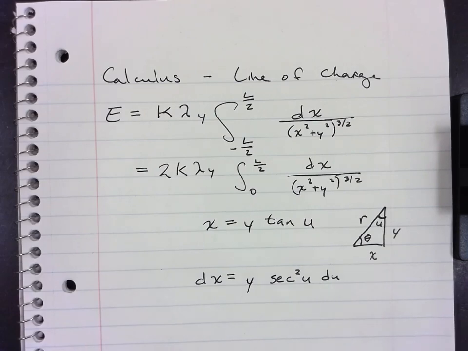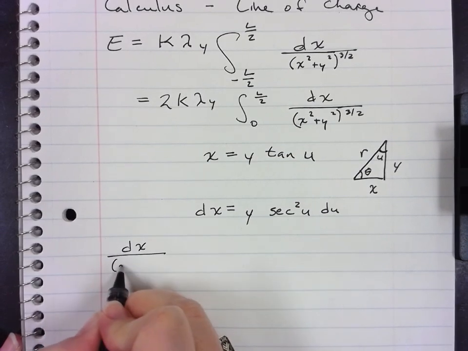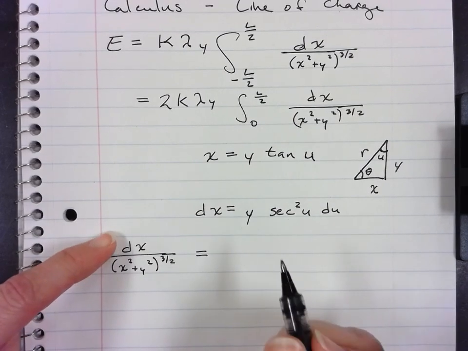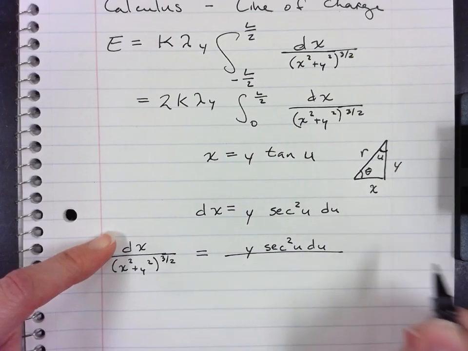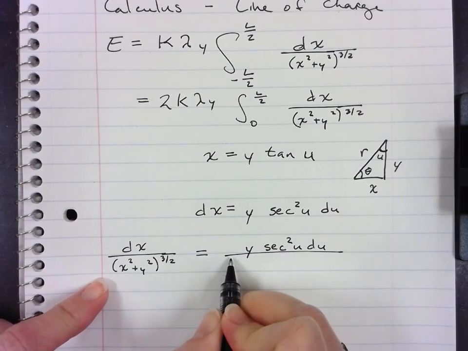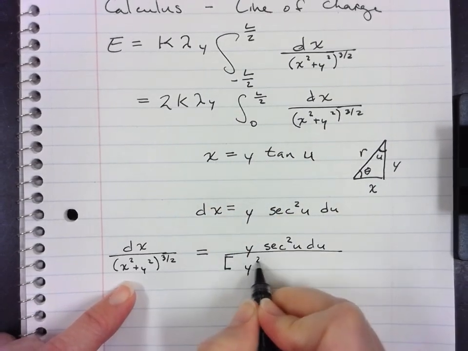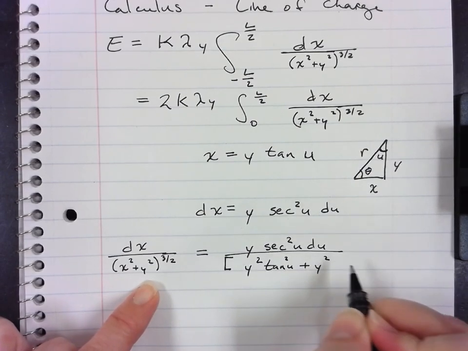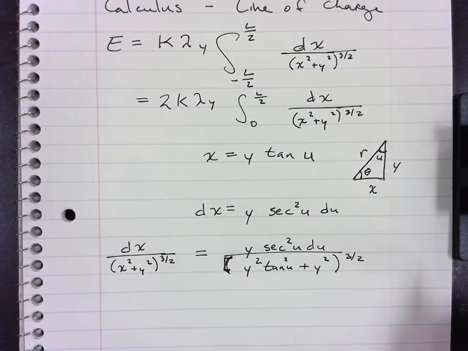So now I'm going to simplify, but instead of doing the whole thing, I'm just going to look at the inside. So if I rewrite the inside, dx over x squared plus y squared to the 3/2 power equals, my numerator is this, y secant squared u du, and my denominator is x squared, so I need to square this, y squared times tangent squared of u, plus y squared, all raised to the 3/2 power.